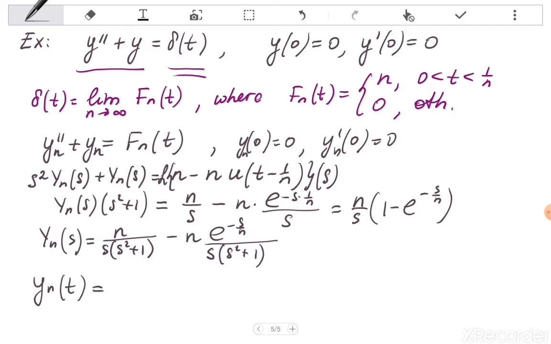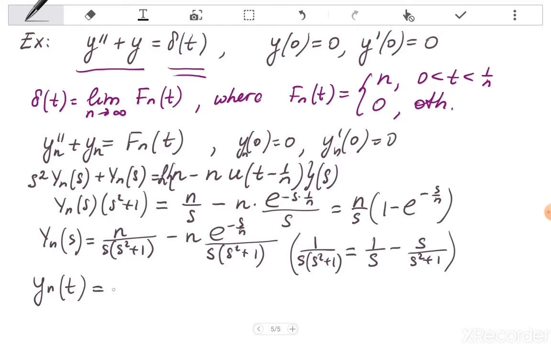For the first one, 1 over s times s squared plus 1 will be 1 over s minus s over s squared plus 1. Yes, this is correct. So now we can apply the inverse Laplace transform to these terms.